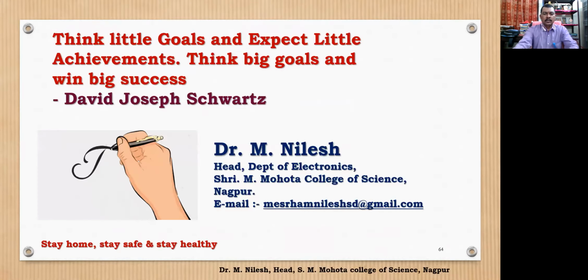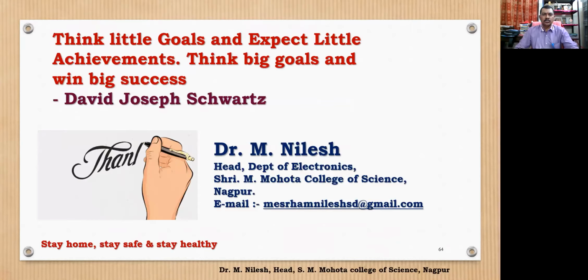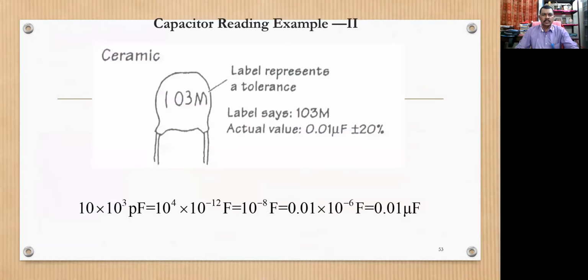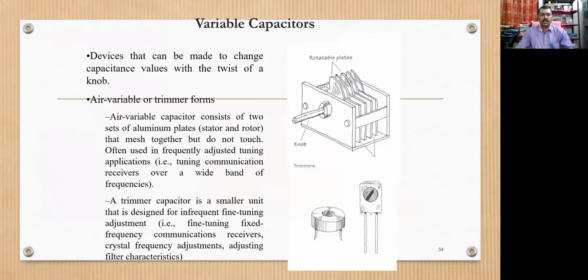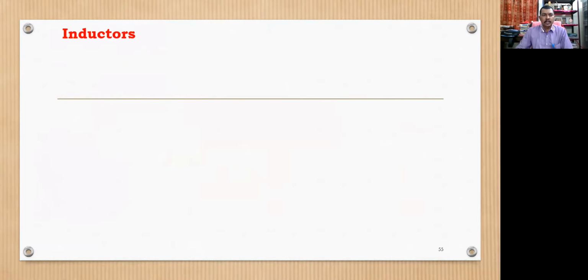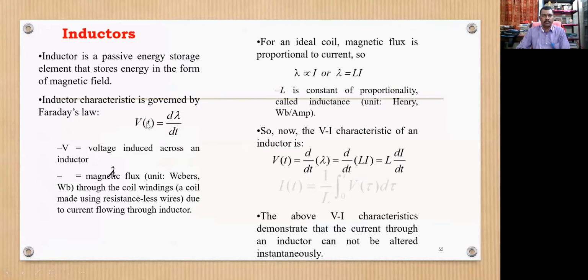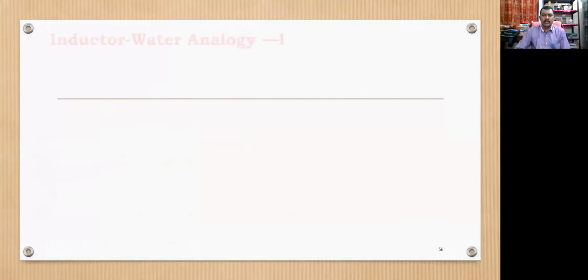So this is the last. Let me brush up what we have studied today. We checked what we have studied in capacitors, then we started with inductors. These are some basic formulas for inductors. An inductor is nothing but a coil through which an AC signal is passed.